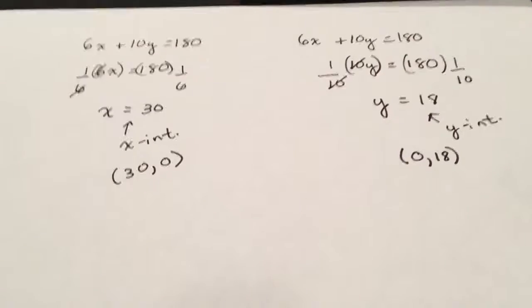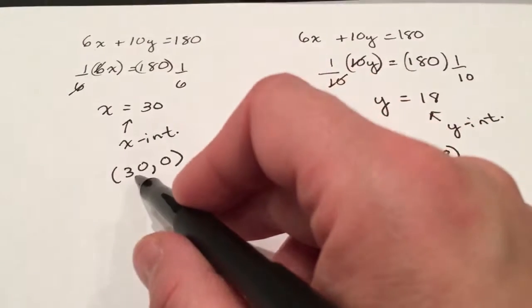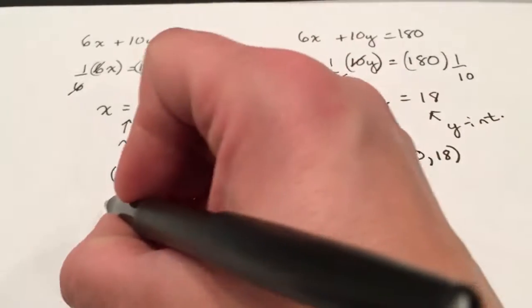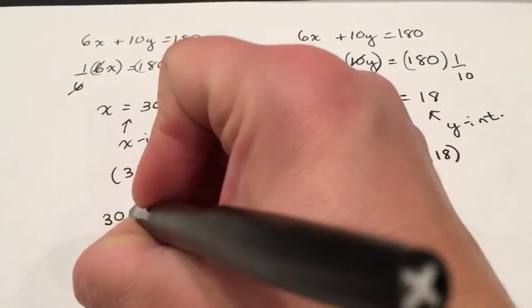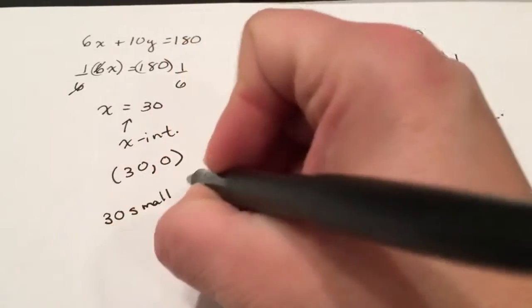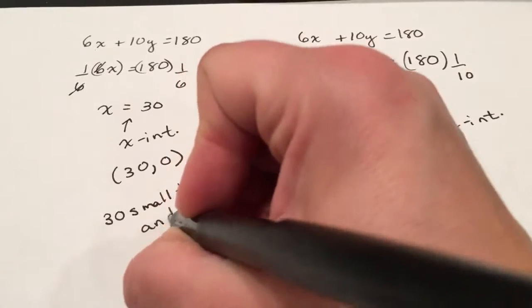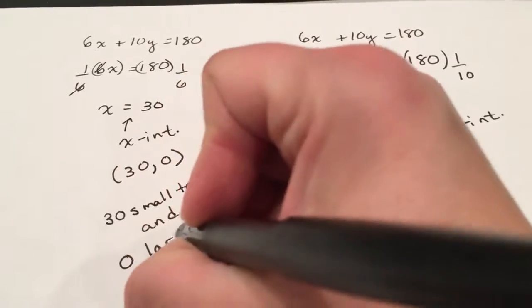Before I go further, why don't we discuss what this means? This means that there are a total of 30 small tables and 0 large tables.